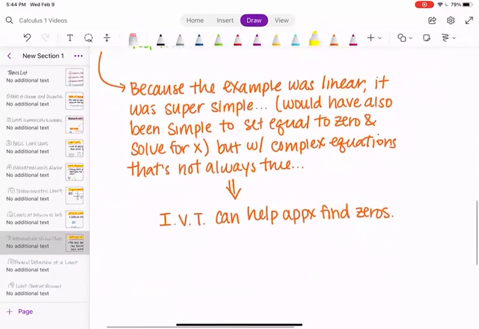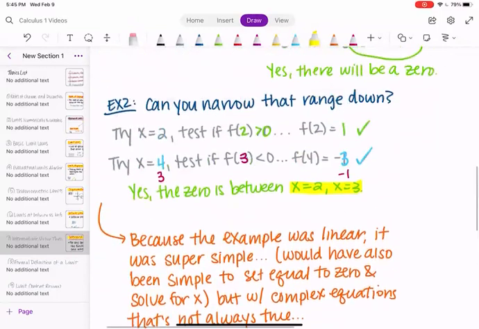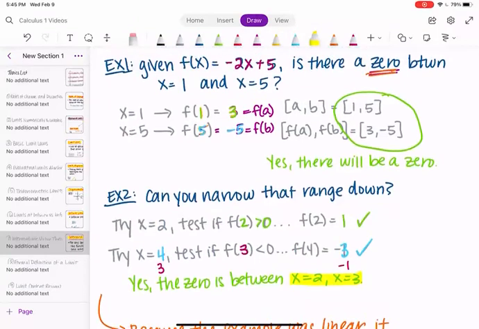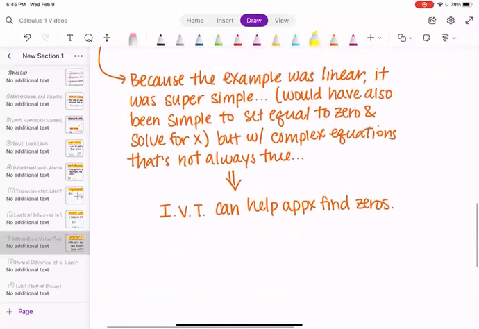So again, because the example was linear, it was super simple, right? It was a straight line, we know it's continuous, blah, blah, blah. We could have also solved that by setting that function equal to 0 and just solving for x. We could have found exactly where that 0 is. But for some things in real life that are modeled by super complex equations, like, my background is in biomedical engineering, right?